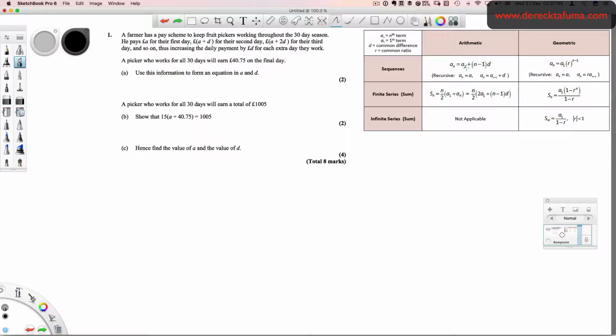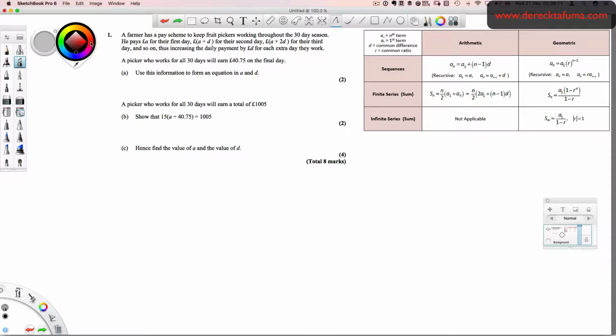For a sequence, A sub n, the nth term, equals A1, the first term, plus brackets n minus 1 times D, where D is the common difference. This is one of the main formulas we're going to be using.